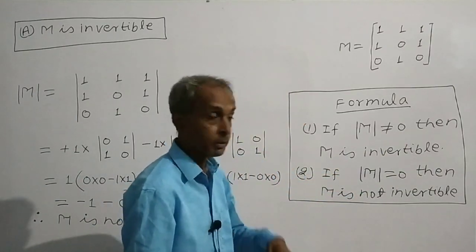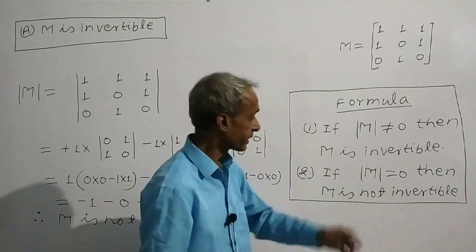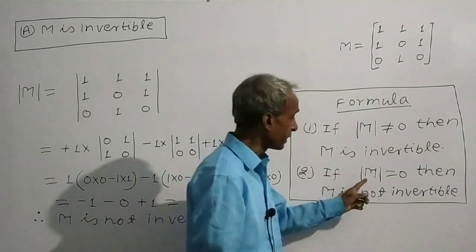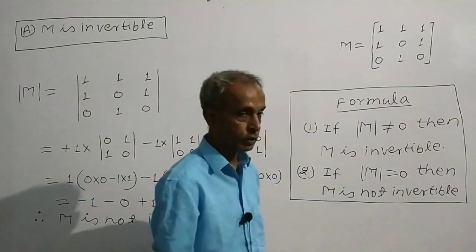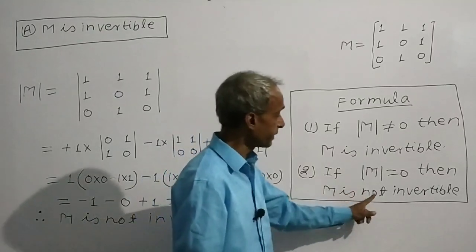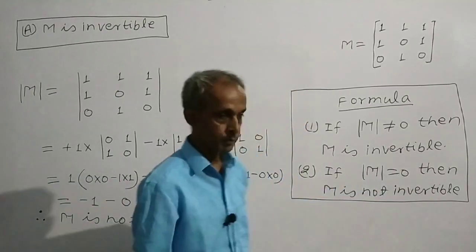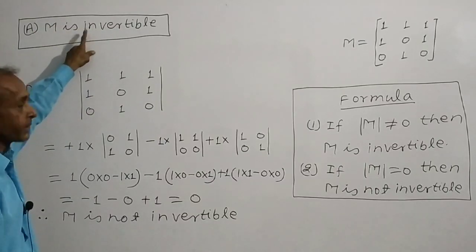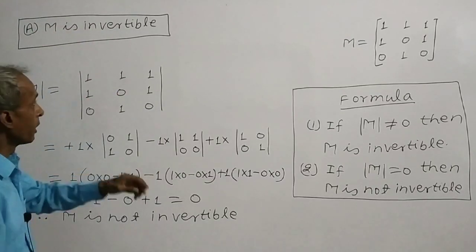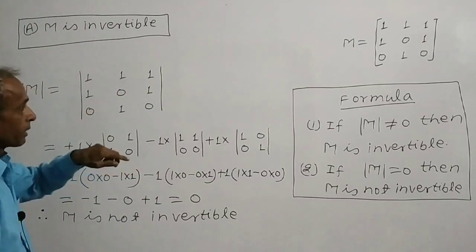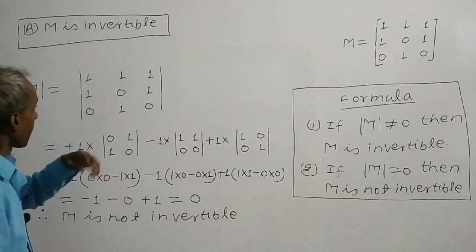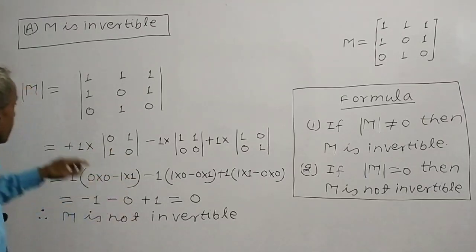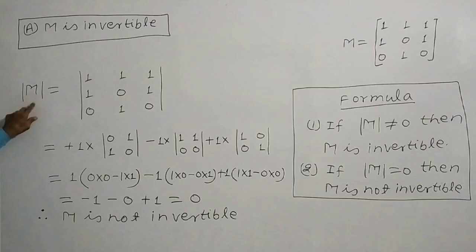That means the inverse of M exists. And if the determinant of M is equal to 0, then M is not invertible. Therefore, to check whether this statement is correct or not, the first thing we will have to do is find the determinant of M.